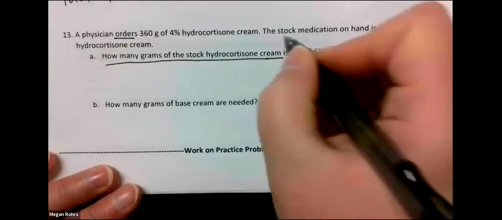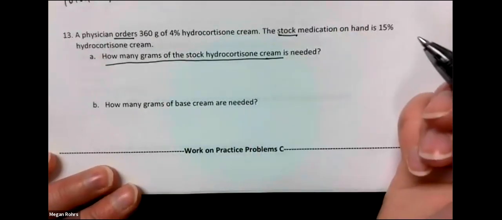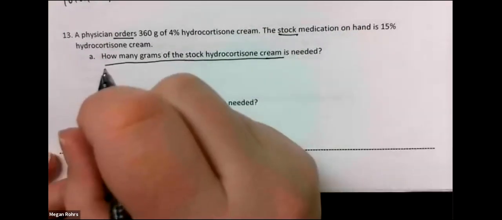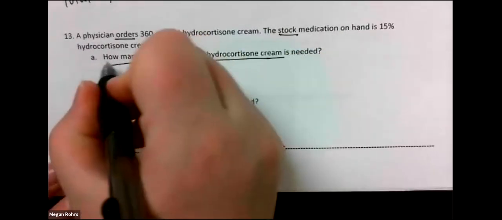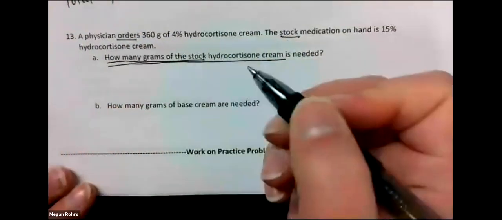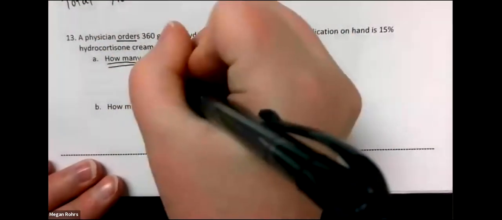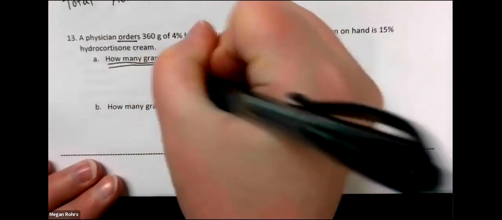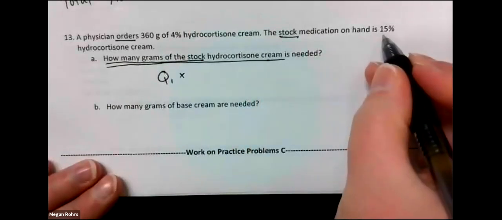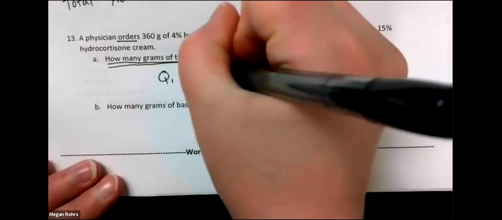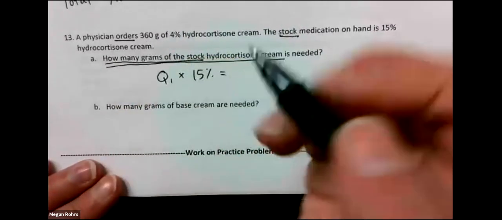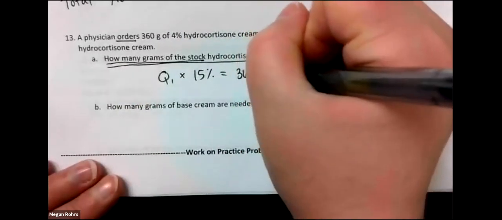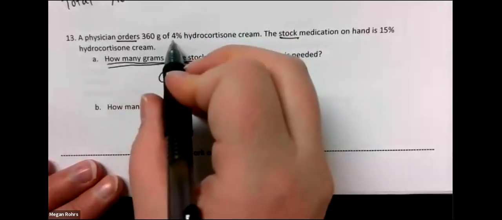Remember, we always set our order equal to our stock. So our stock here, we're looking for how many grams of stock. So we're looking for our Q1. Our stock concentration is 15%, and our desired quantity is 360 grams.